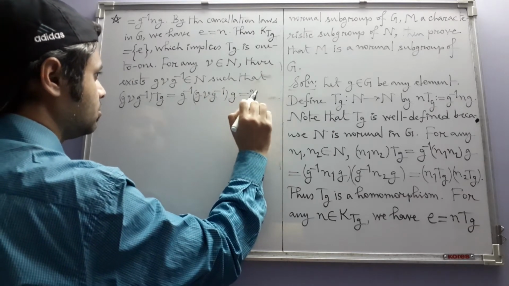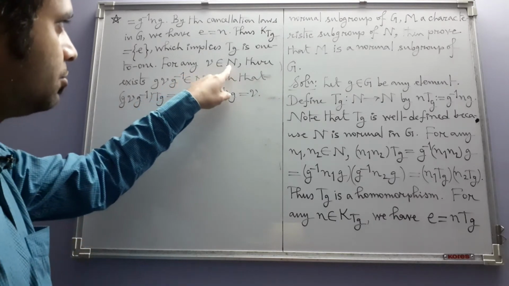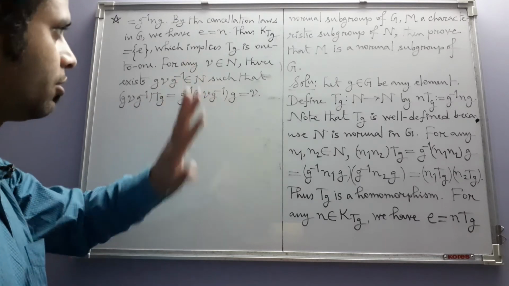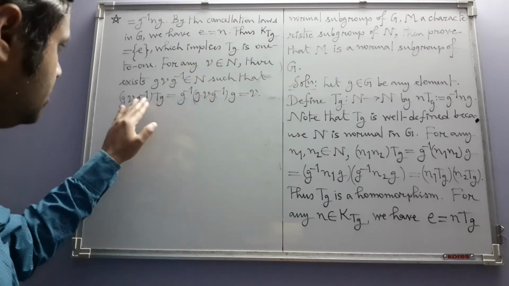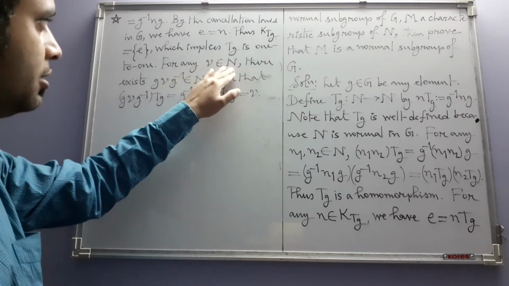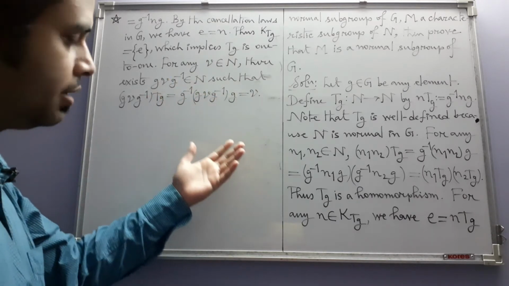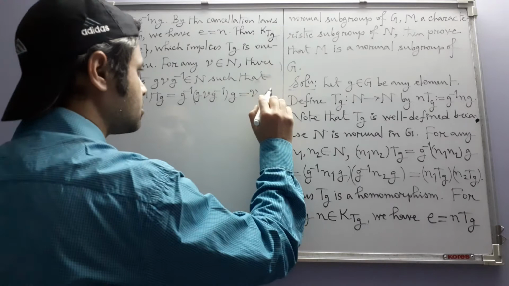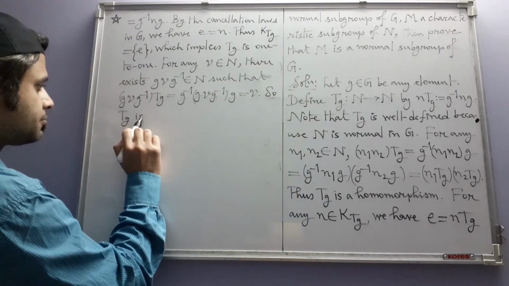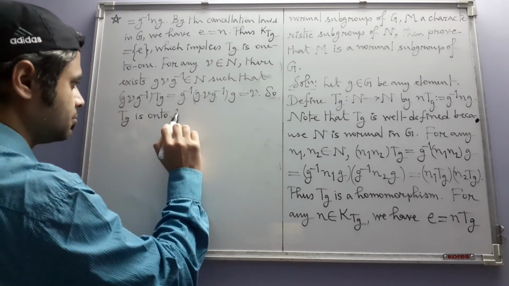This is equal to nu. Note that for nu belonging to N, this again belongs to N because N is normal in G, and its Tg image is nothing but nu. So any element in N appears as the image of some element in N under Tg. So Tg is surjective, or onto.